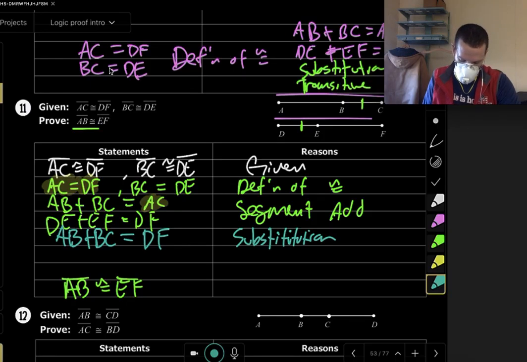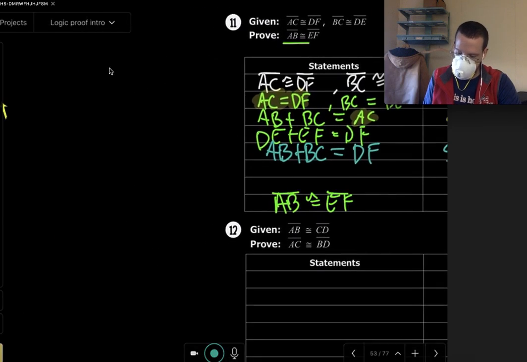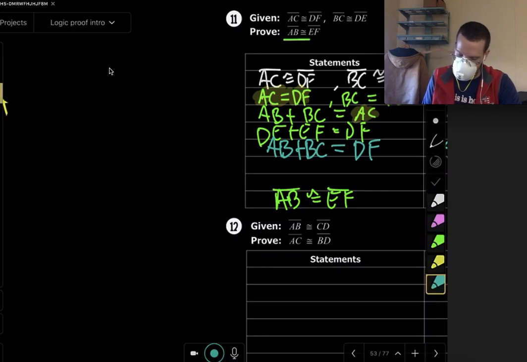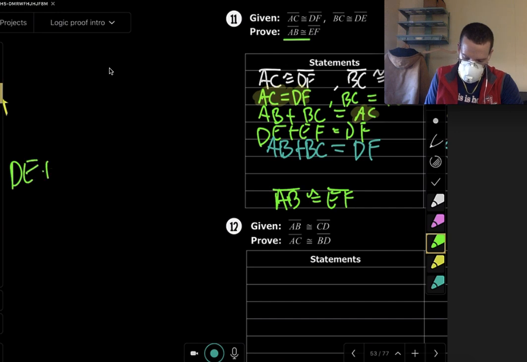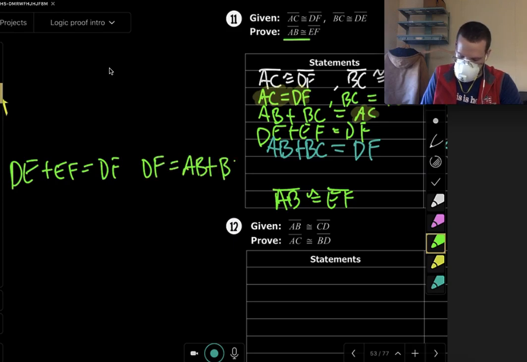Now, watch this. I'm going to have to bring this home with the transitive property. What I want to show you all is that we have DE plus EF is equal to DF, and we also have DF is equal to AB plus BC.